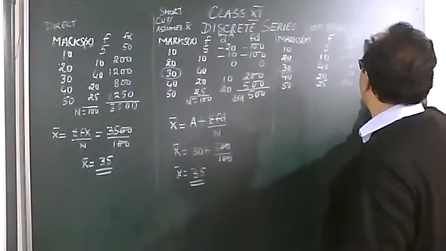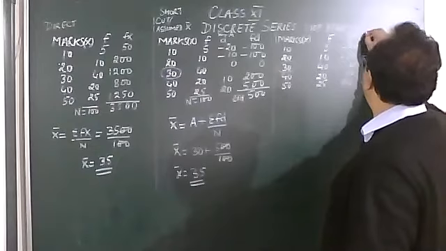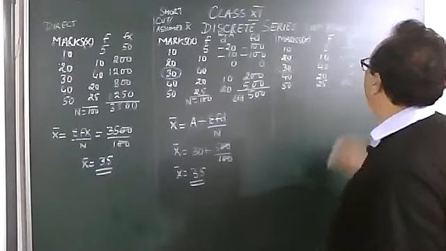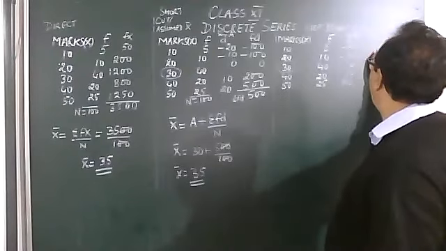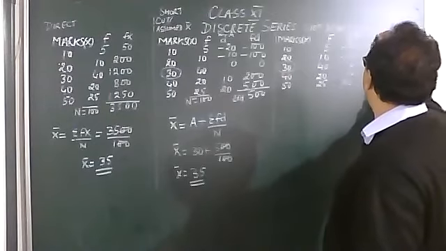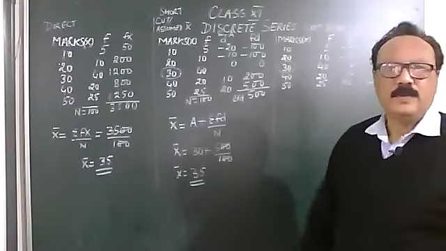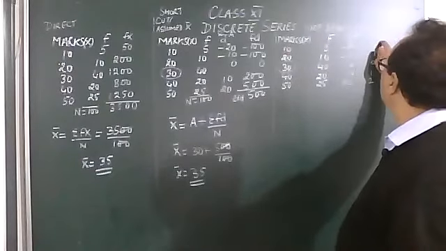Now we get x minus a divided by a common factor. What is the common factor? 10. So minus 2, minus 1, 0, 1, 2. Now this is called d dash, to make it different from the deviation.